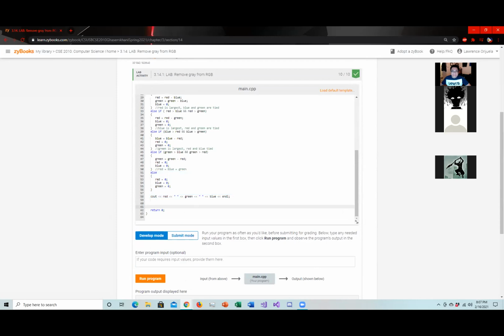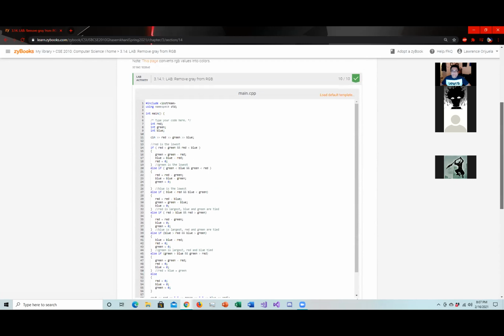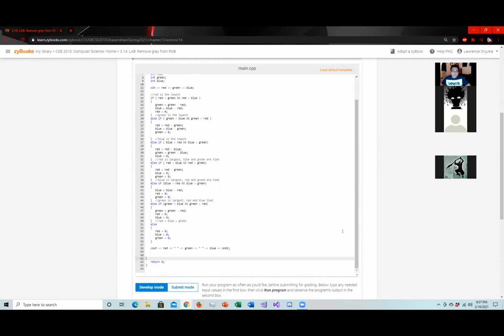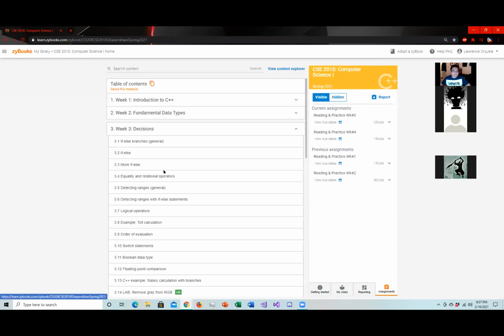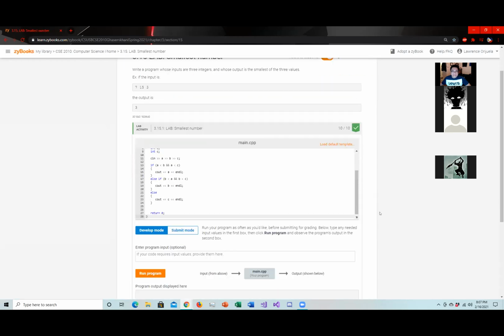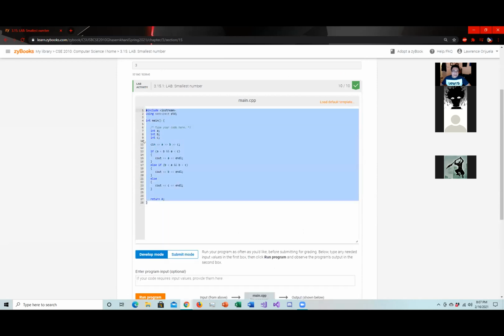But hey, since we're here, since it's being recorded, I might as well look at this so that it'll get in the recording too. Okay, now I'll look at 3.15. Smallest number. Yeah, this was the easiest of the 3 labs. I feel like this should have been listed first before the other 2.